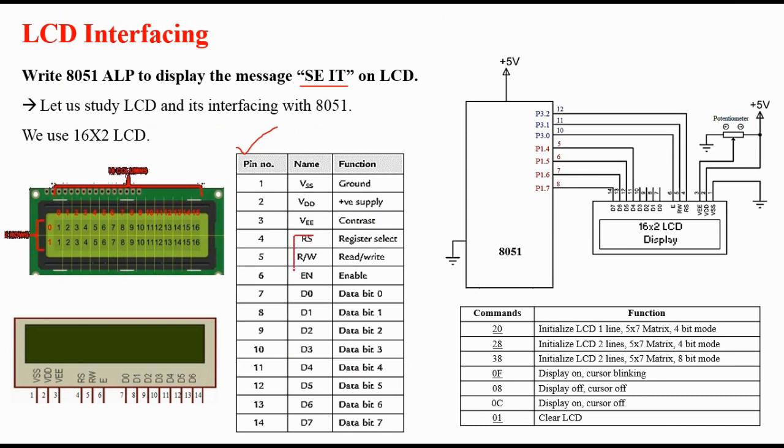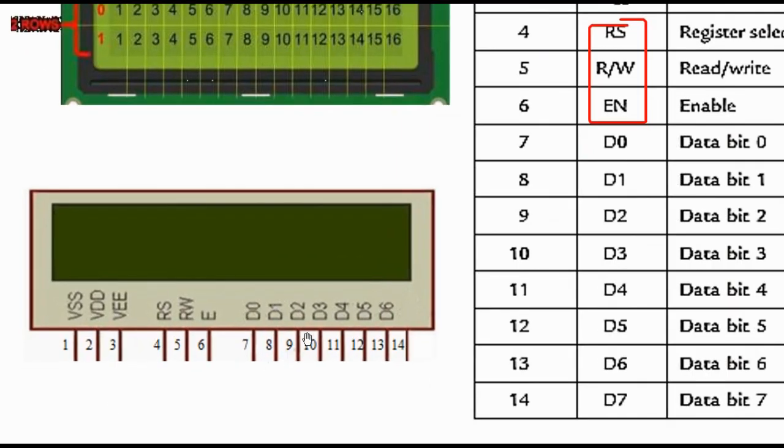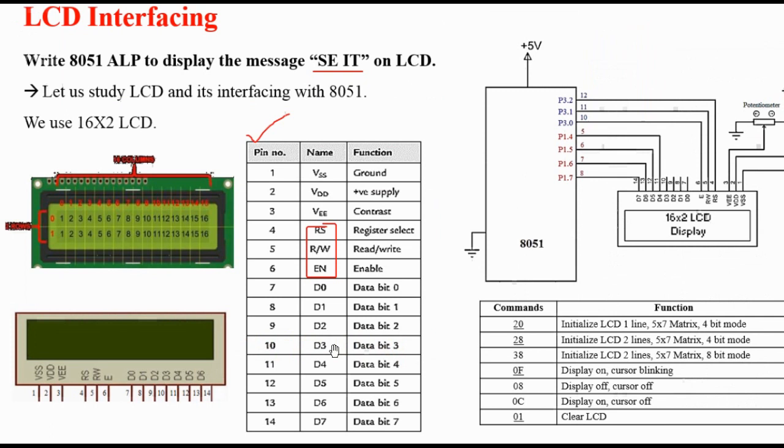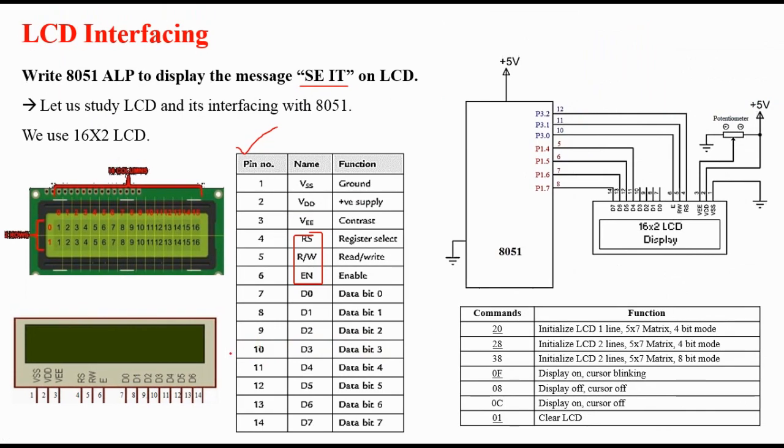Here we should discuss those 3 important pins along with the data lines or the data bits. Okay, so we will have this picture with us, and now we will start discussion. RS pin, that is register select pin. This is the important pin. By using this pin, this LCD will come to know whether whatever is sent by the microcontroller onto these pins is data or command. The theory of this LCD tells us LCD is able to receive data and command also. Now what do you mean by data and what do you mean by command?